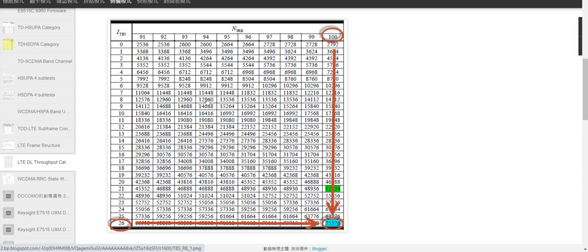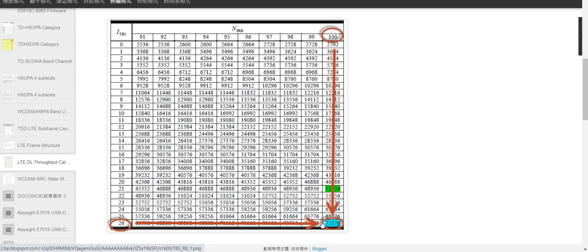Let's say, for example, the number of PRBs allocated to a UE is 94 and transport block size index is 25. In that case this amount of bits per subframe can be transmitted. So this is the maximum.